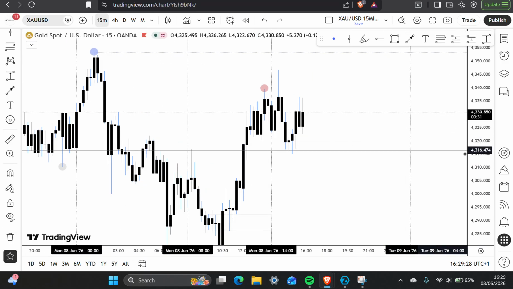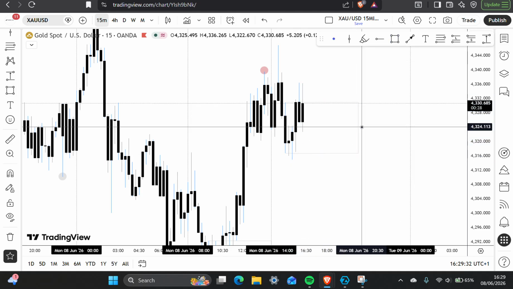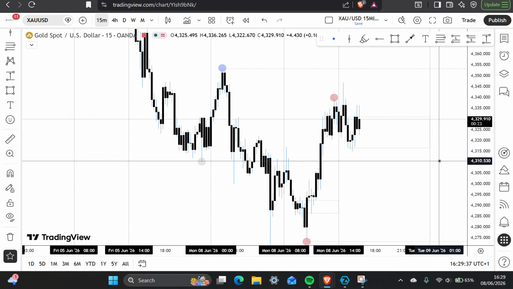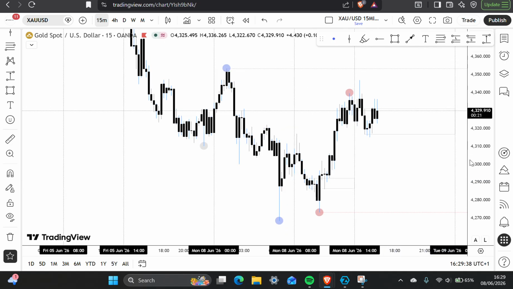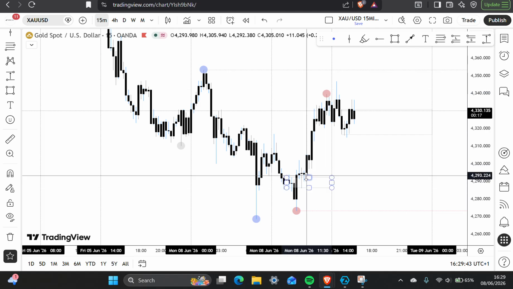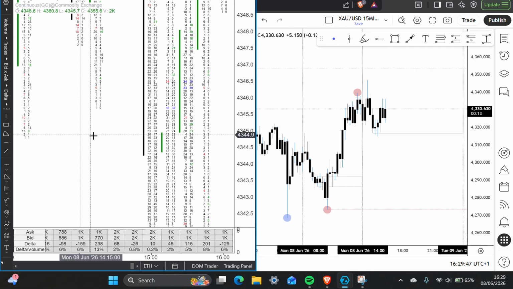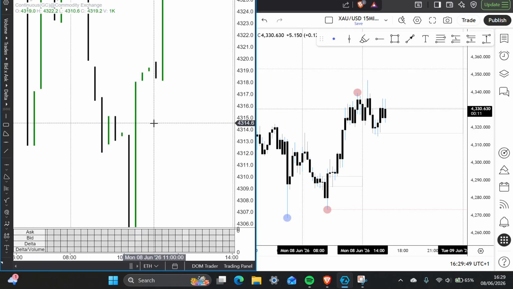So now we have buy side liquidity. You've probably heard all of these buzzwords, liquidity, this, that. They're all buzzwords, my friend. If you want to go from here, longs, if you want to buy, you need sell side liquidity. Does that make sense? So if you look over here, I'm going to break this down for you.